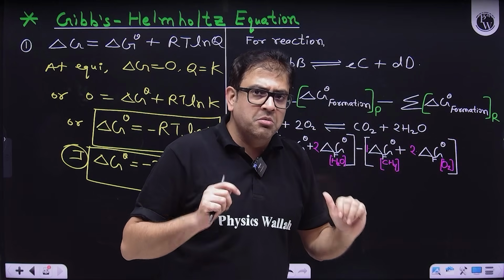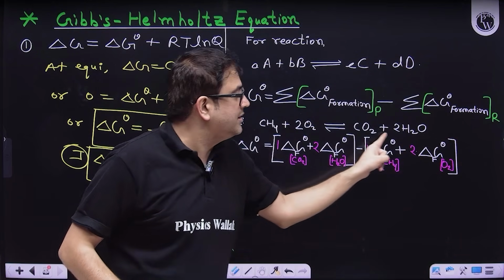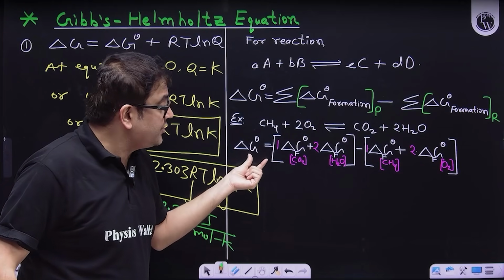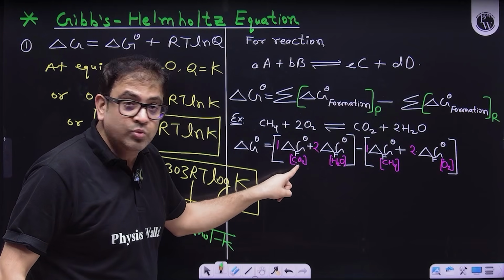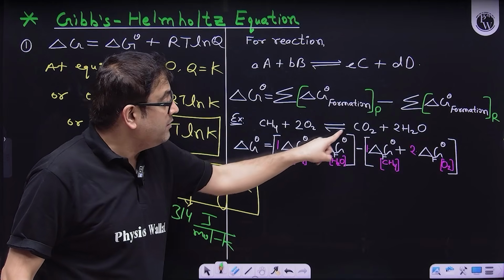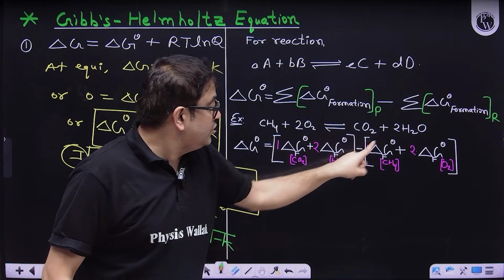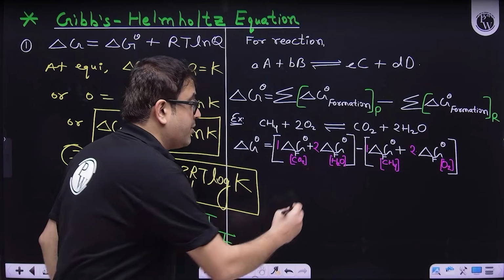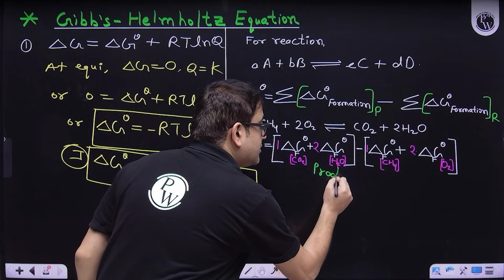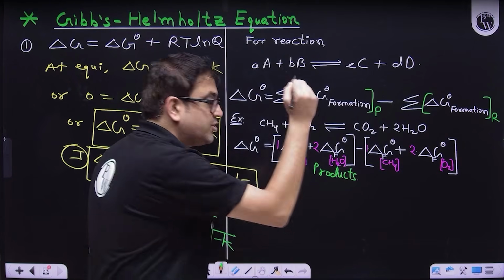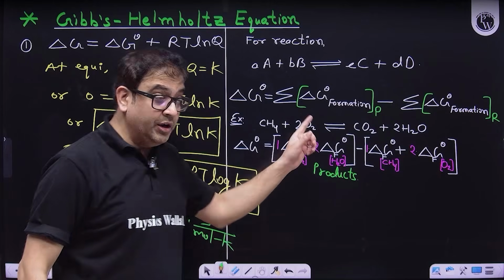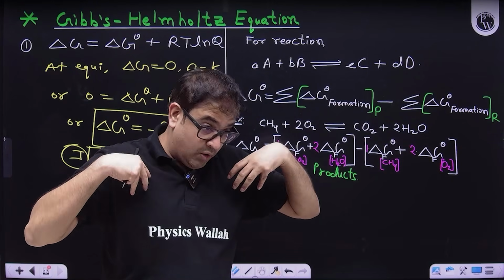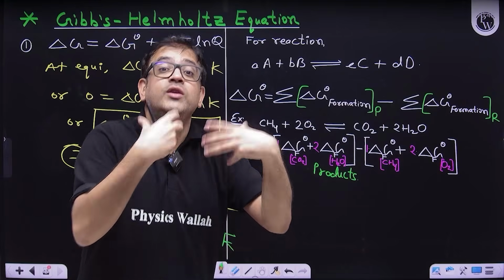For example, this is a balanced reaction. What will be delta G naught for this reaction? Delta G naught of CO2 into 1, because CO2 is 1, and delta G naught of water into 2. These are products. So this is the summation of the formation values of products using the stoichiometric coefficients also, because to produce 2 water you require twice that work.